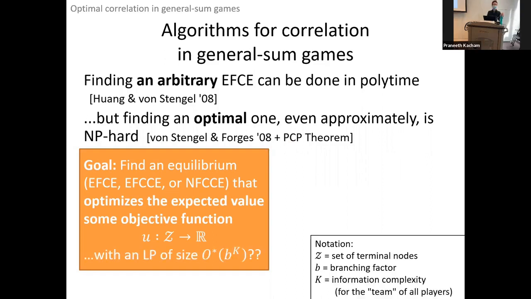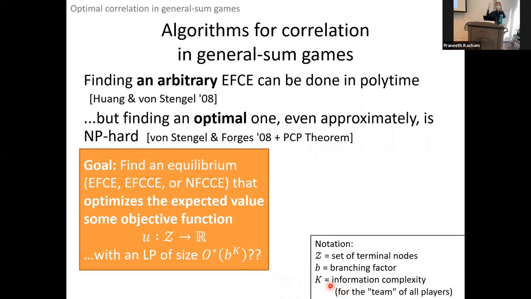As usual, we will be looking at fixed parameter algorithms. So we're trying to find LPs of size O star B to the K, maybe something like this. You'll notice I've switched to a capital K now. Why? Because in the team setting, our lowercase k was dependent on the team. Now we don't have teams. So capital K is the information complexity for the quote unquote team of all the players at the same time.